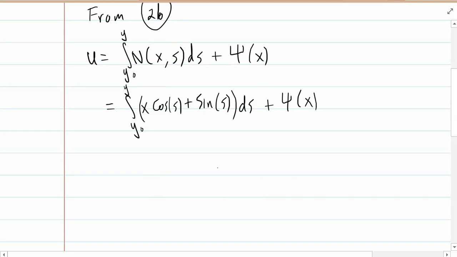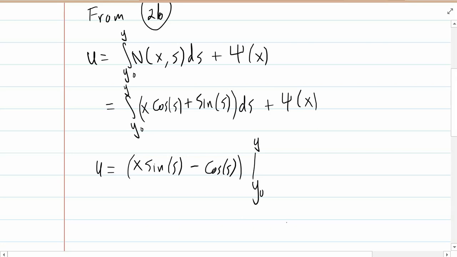So we're integrating with respect to s. That means that x is a constant. So we write x sine s minus cosine s, and this is evaluated from y naught to y, and once again we have to choose y naught in such a way that this thing is 0, or a constant.